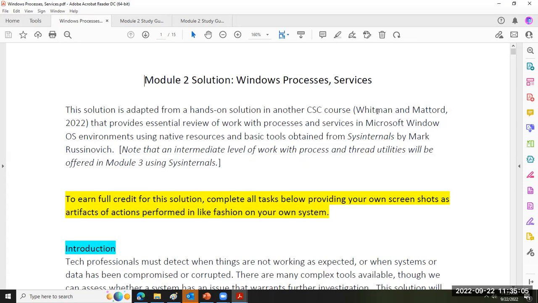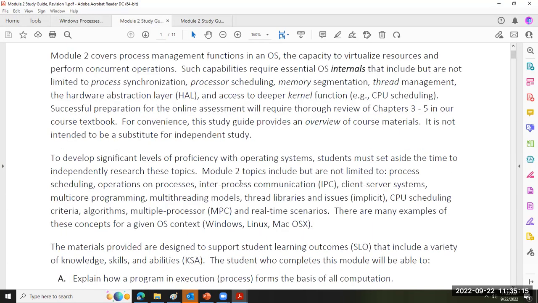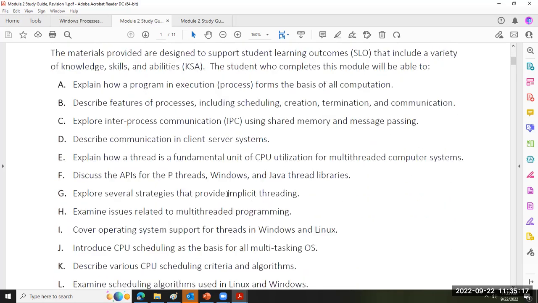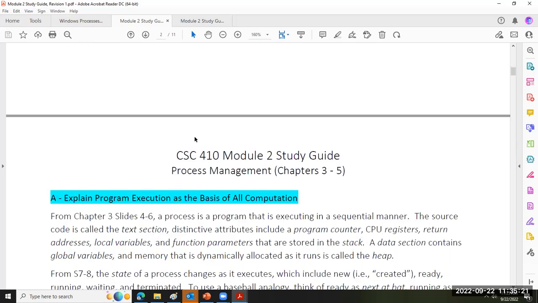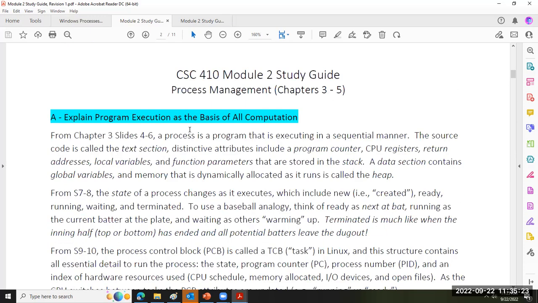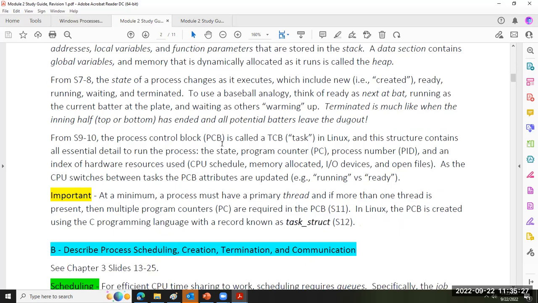And then if you haven't had a chance to check out the study guide, there are some things that are translated, if you will, for lack of a better description. So the stuff that's in the textbook is restated, and the most important and relevant things are called out.